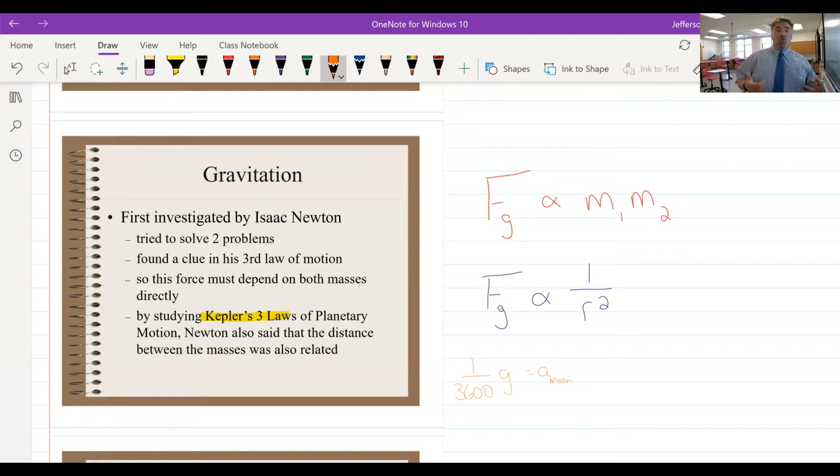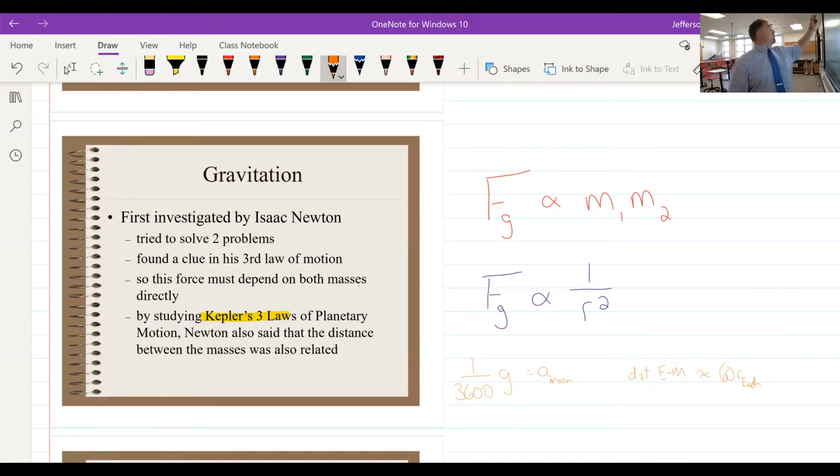Then also from Kepler's research and analysis, he was able to show that the distance between the Earth and the moon was approximately equal to 60 times the radius of the Earth. And so if you do 1/60 squared, you get 1/3600th.